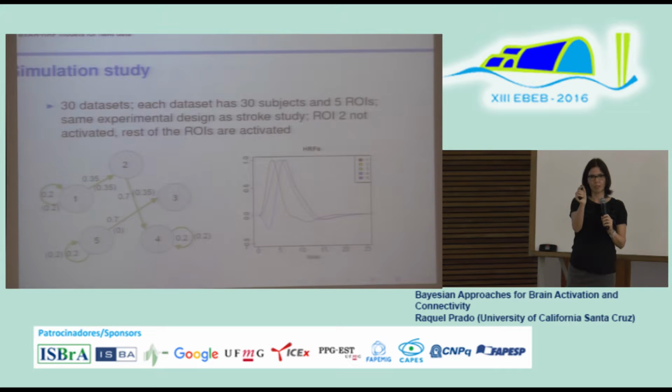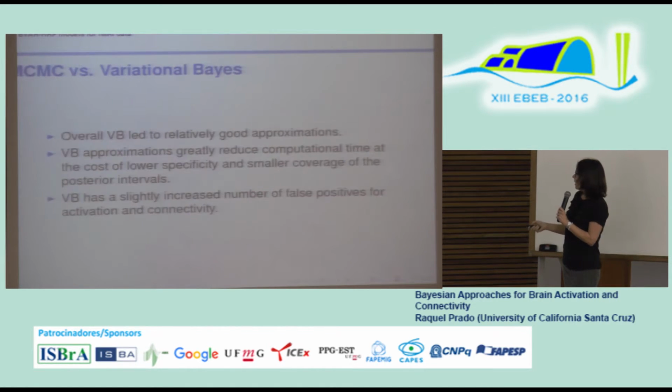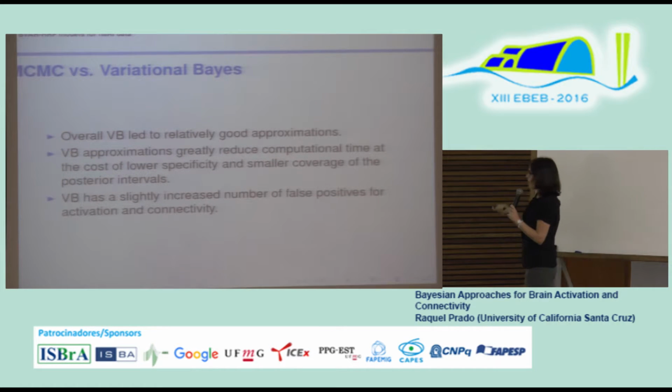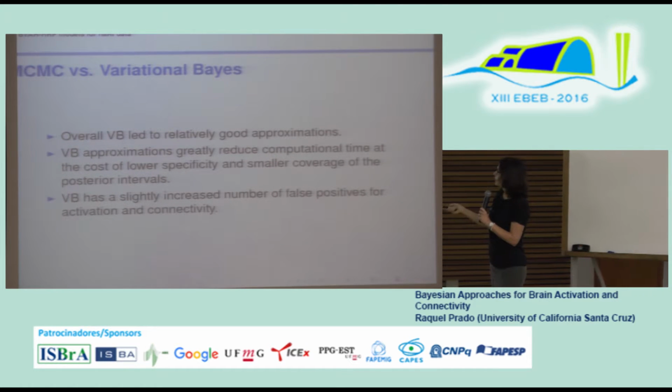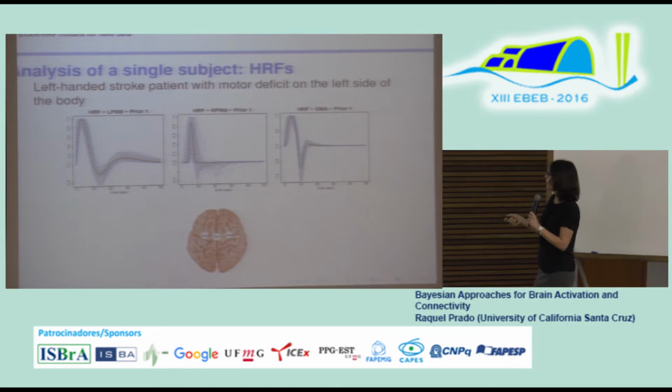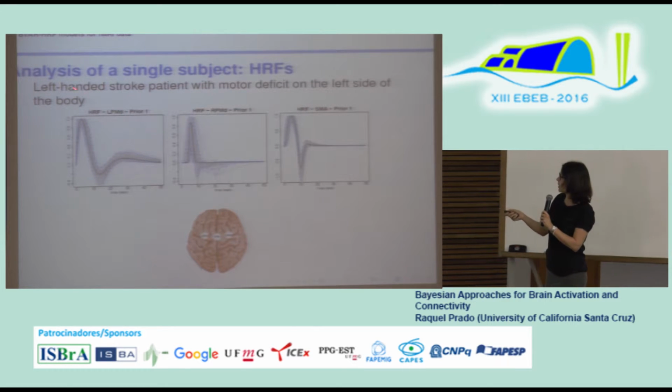Even if you're considering hemodynamic functions that are not too far away from the truth, you can have very big differences in terms of the inference that you get here. So that's essentially, this is again comparing MCMC with variational Bayes. I'm not going to talk about this computational part.